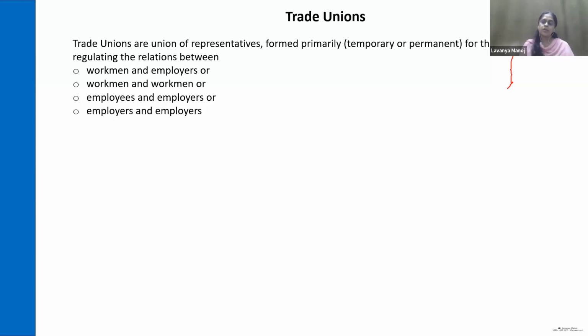So why does a trade union have to act as a mediator between two organizations? If the managements of two different companies, of the same industry or from different industries, are in a clash, what role does the trade union have in that?